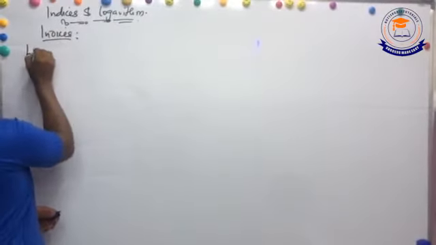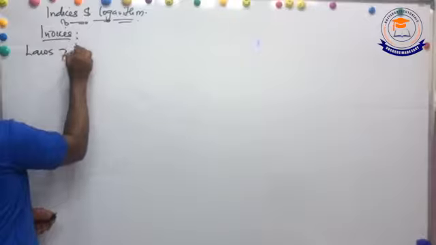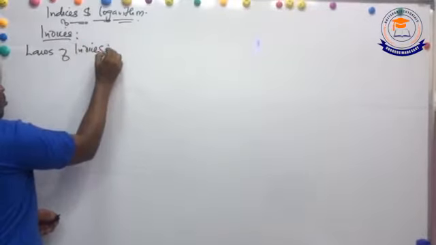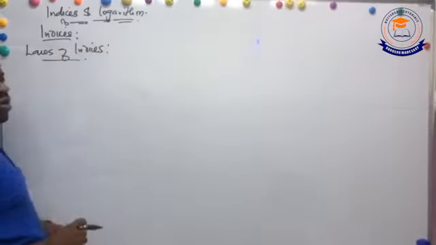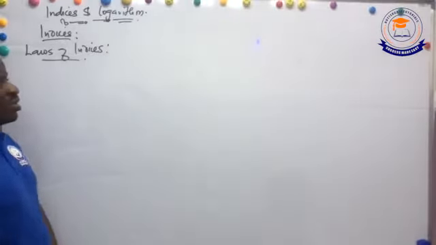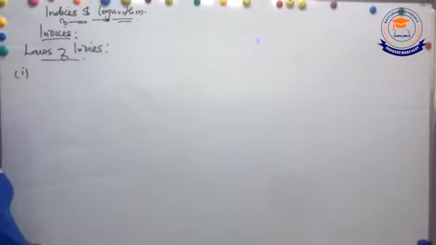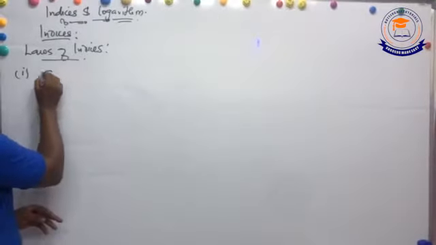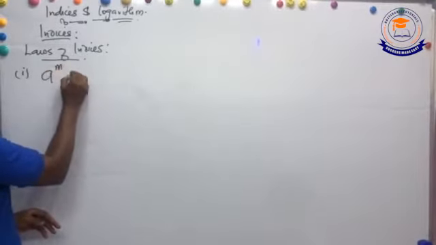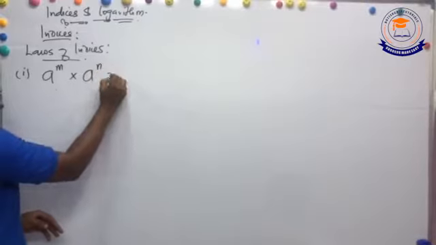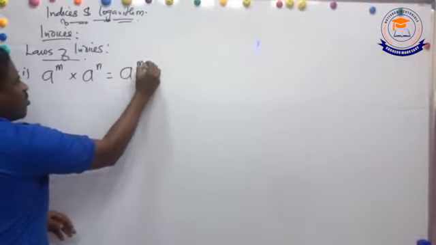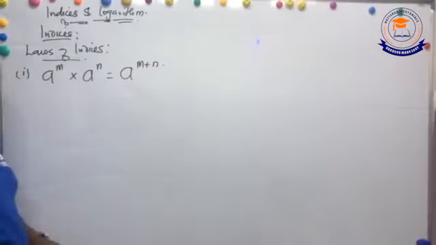we have the laws of indices. The first law of indices states that a raised to the power of m multiplied by a raised to the power of n is a raised to the power of m plus n.